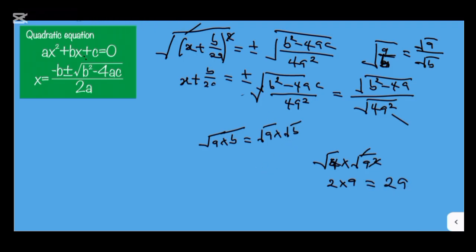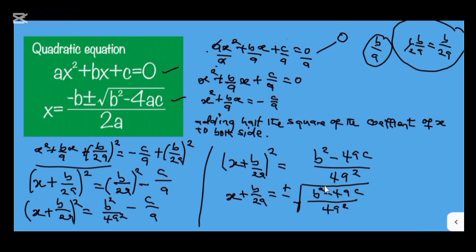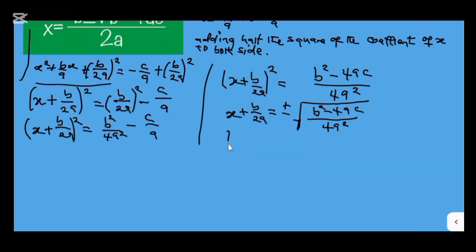So we can say that this place will now be equal to x plus b over 2a equals plus or minus square root of b square minus 4ac all over 2a.